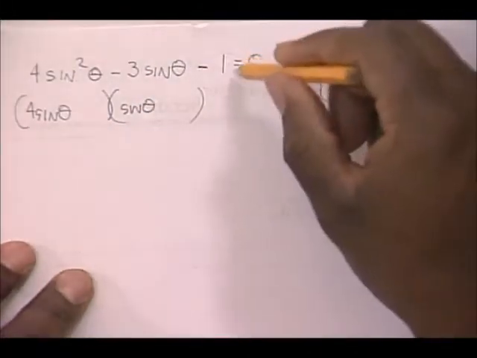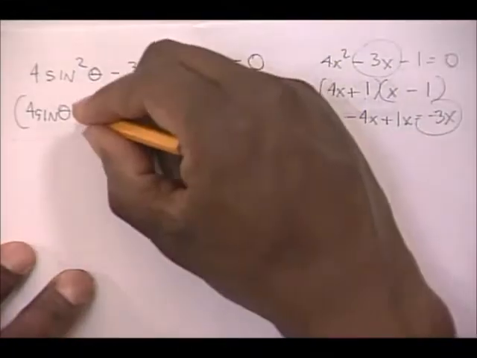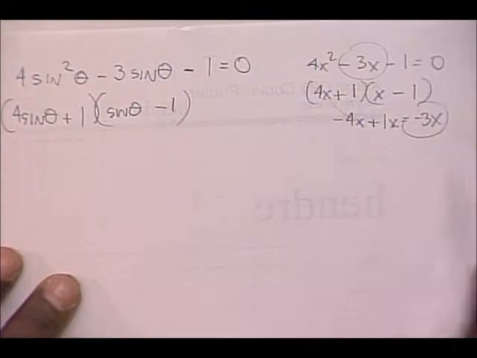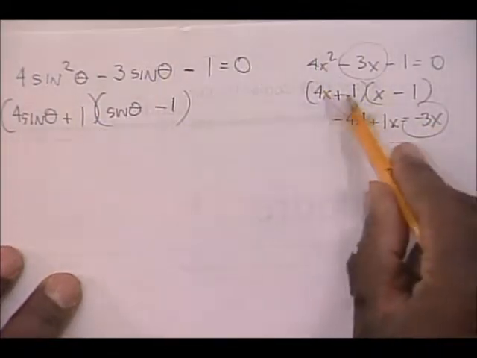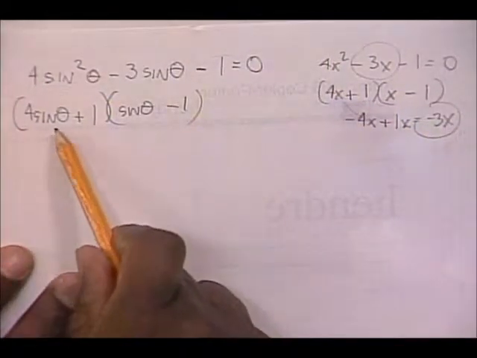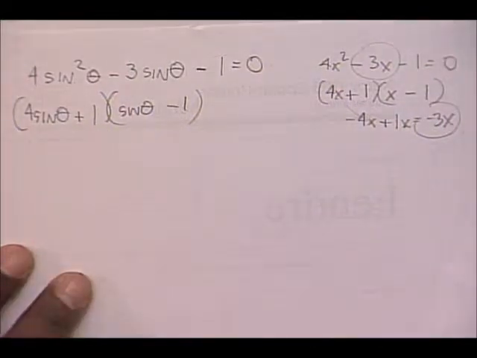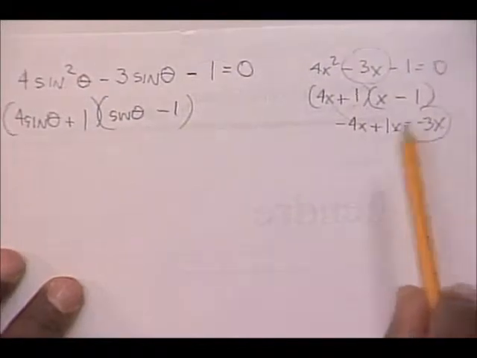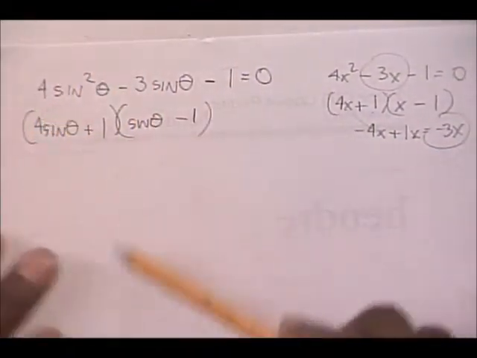Then two terms multiplied together give you negative 1: plus 1, minus 1, just like over here. So you got 4x plus 1, but over here you have 4 sine theta plus 1. Hopefully you see the connection between this Algebra 1 problem and this Algebra 2 trigonometric equation.